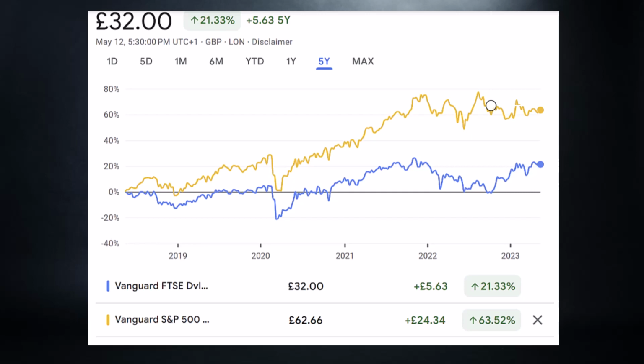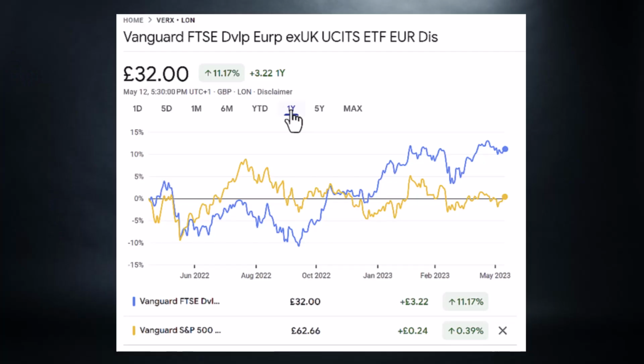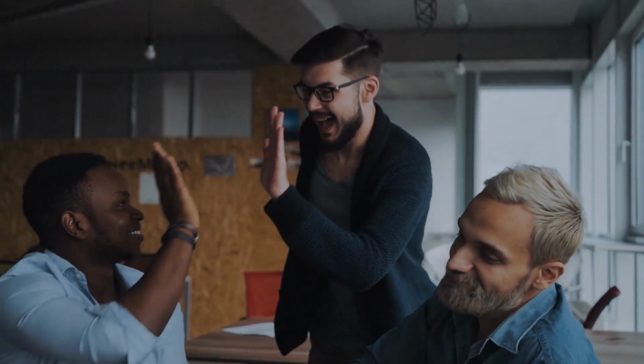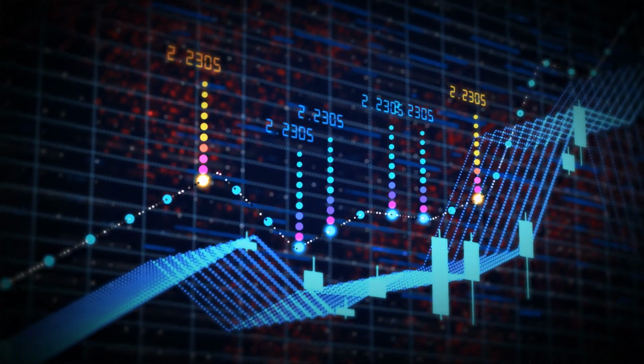Over the last 5 years, they have correlated reasonably well, but as we can see, those tech-heavy American markets, S&P 500 has done much better. But if we come in and we look at over the last year, the more stable stocks that sit within Europe have performed better. It all depends on what we are attempting to do. What is our investing strategy? Where do we want to see growth?